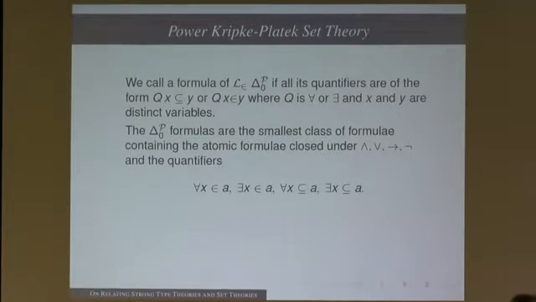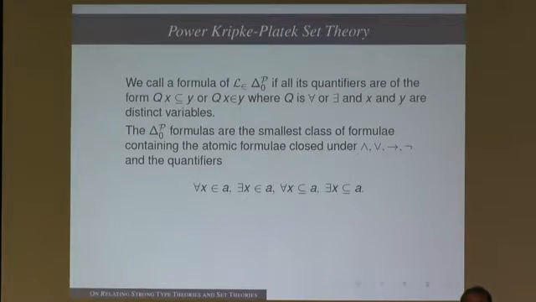Now, power Kripke-Platek set theory is an extension of Kripke-Platek, where you take certain quantifiers, namely bounded quantifiers of this form here, so subset bounded quantifiers, you view them as bounded quantifiers, and then you have a different notion of boundedness.